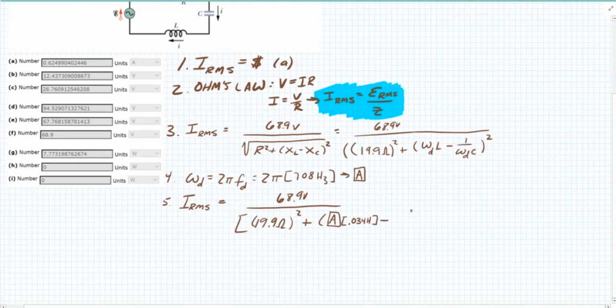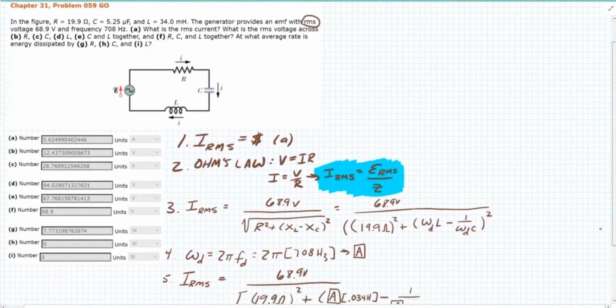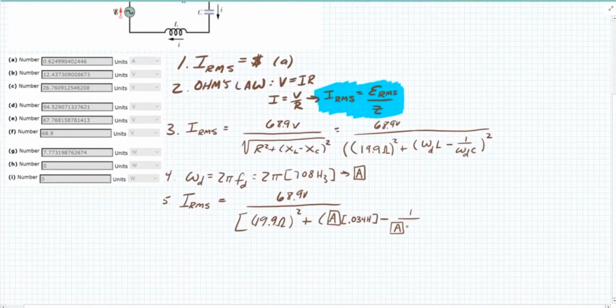Minus 1 over calculator memory location A times my capacitance, and my capacitance was 5.25 microfarad, 5.25 e to the minus 6 farads. This gets squared, and then this is square rooted.